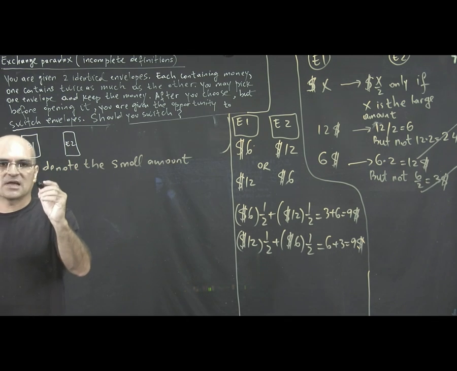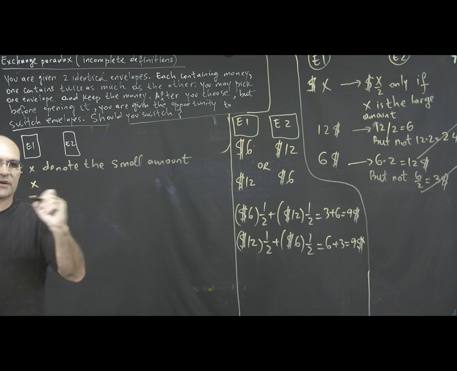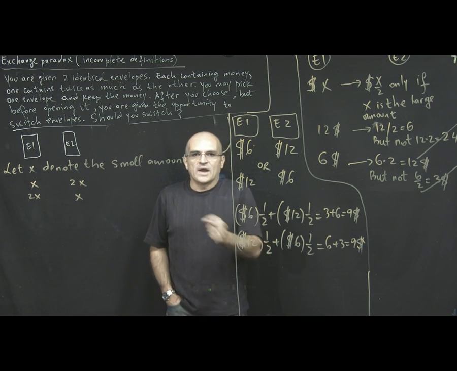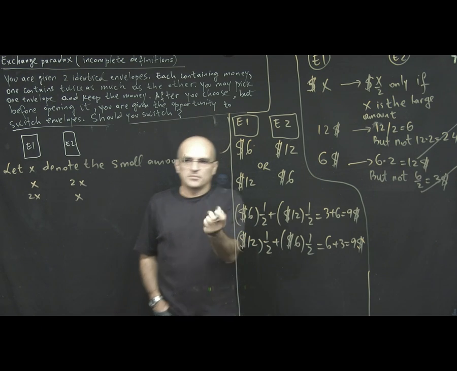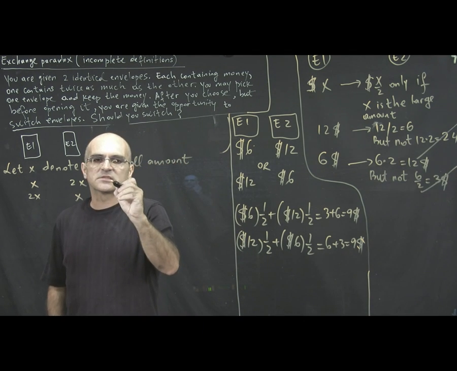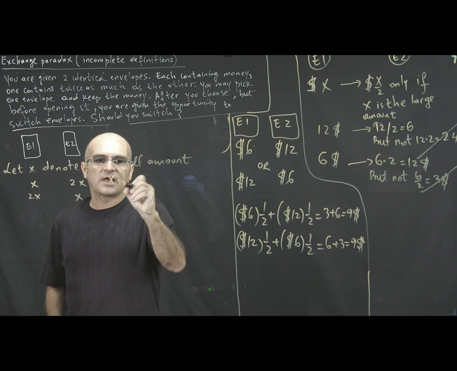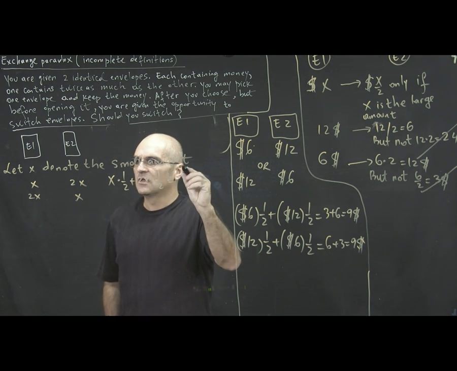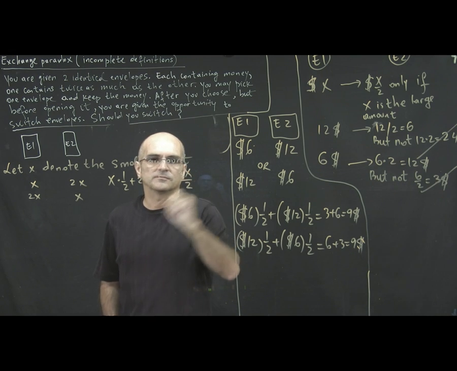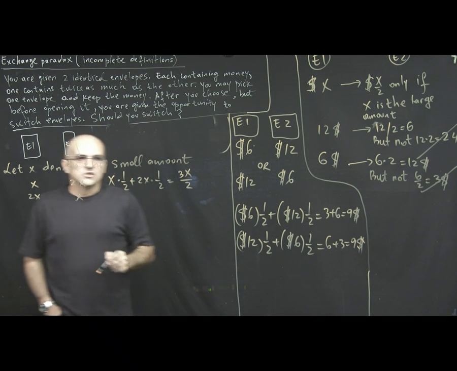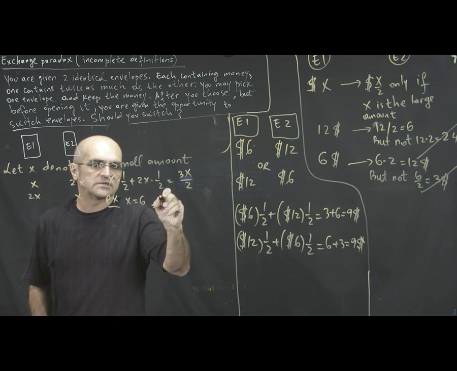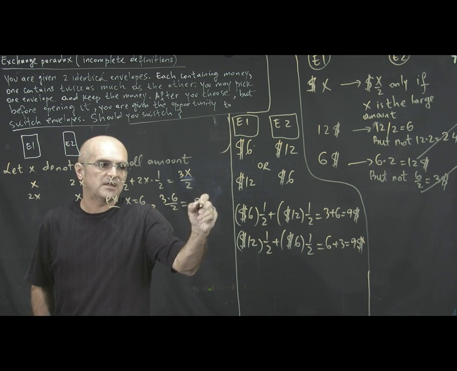Then the possibilities are either x in the first envelope and 2x in the second, or 2x in the first envelope and x in the second. Whatever you pick, first envelope or second envelope, the payoff is the same. You get x dollars times probability 1/2, plus 2x times 1/2. The payoff is 3x over 2. So in my example, if x is $6, then the payoff is 3 times 6 over 2, which is $9.